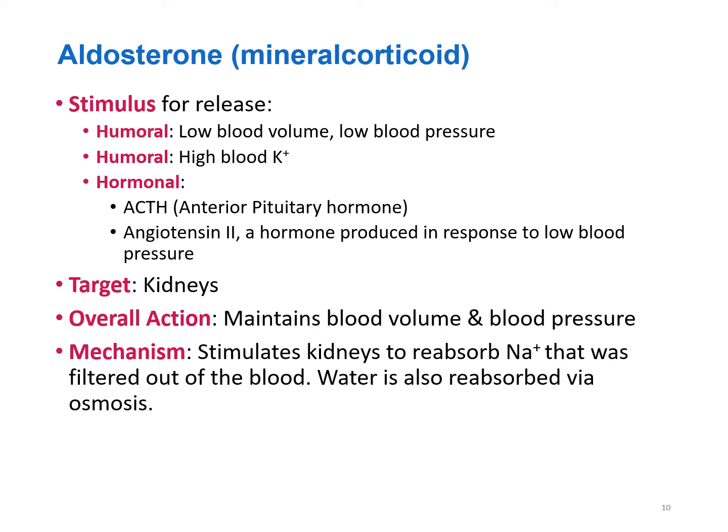There's an old adage that says water follows salt. So wherever salt goes, water follows. If the kidneys reabsorb sodium and chloride, then water is going to be reabsorbed. As sodium ions are reabsorbed, they are exchanged for potassium. So potassium is lost in the urine.